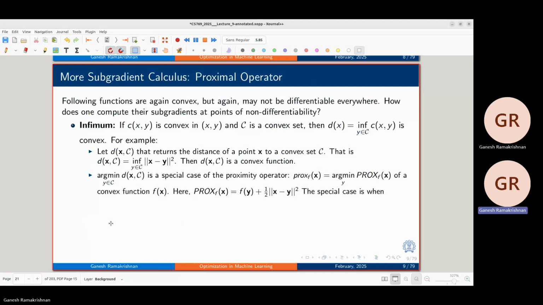And what was its subgradient? We had x plus lambda s. If this is f(x), the subdifferential of f at x is of this form. Now you may say this is a little complicated to evaluate. So the proximal operator says, oh, you have that difficulty, I'll give you an alternative.